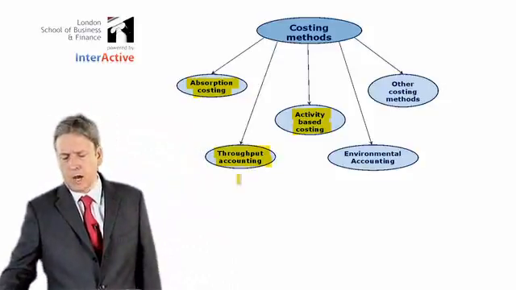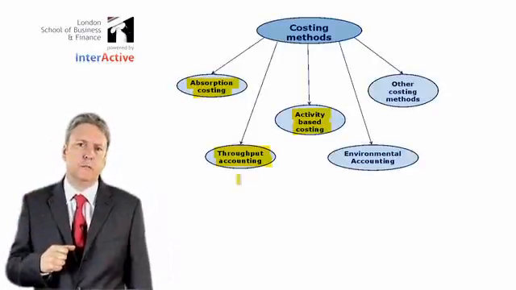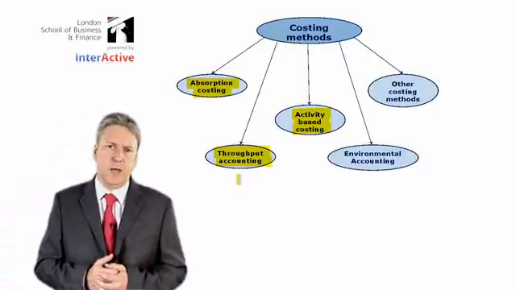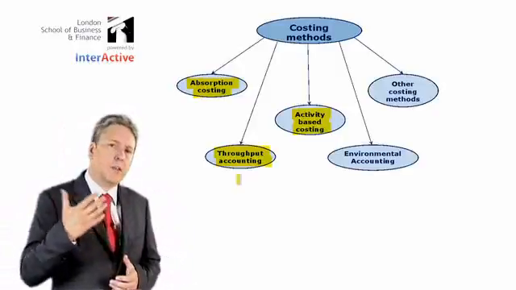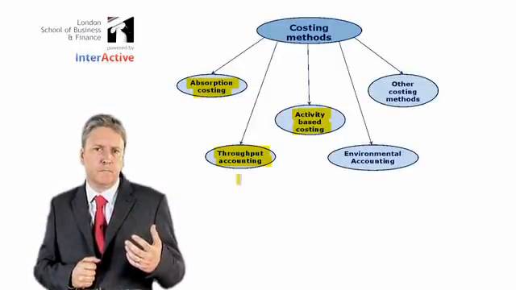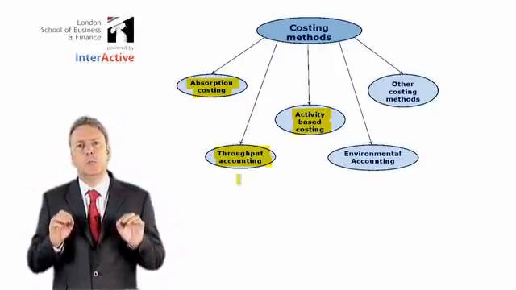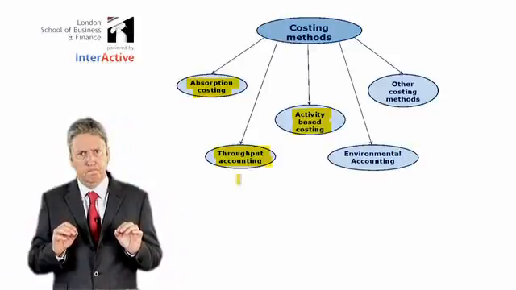Now, what we're going to do is we're going to find that there is a specific style of question that we can reasonably expect in terms of dealing with ABC and in terms of dealing with throughput accounting. And from a computational perspective, these are the 2 biggies. Okay?